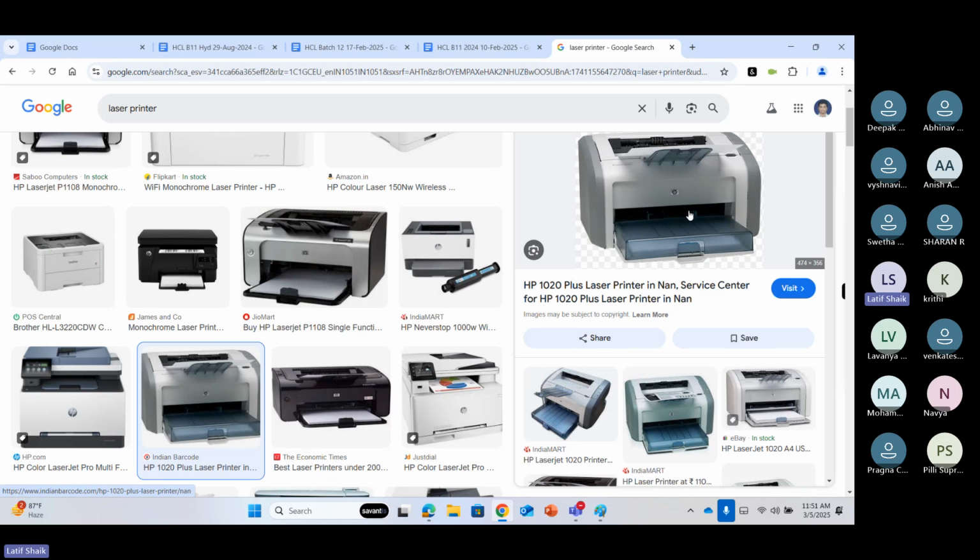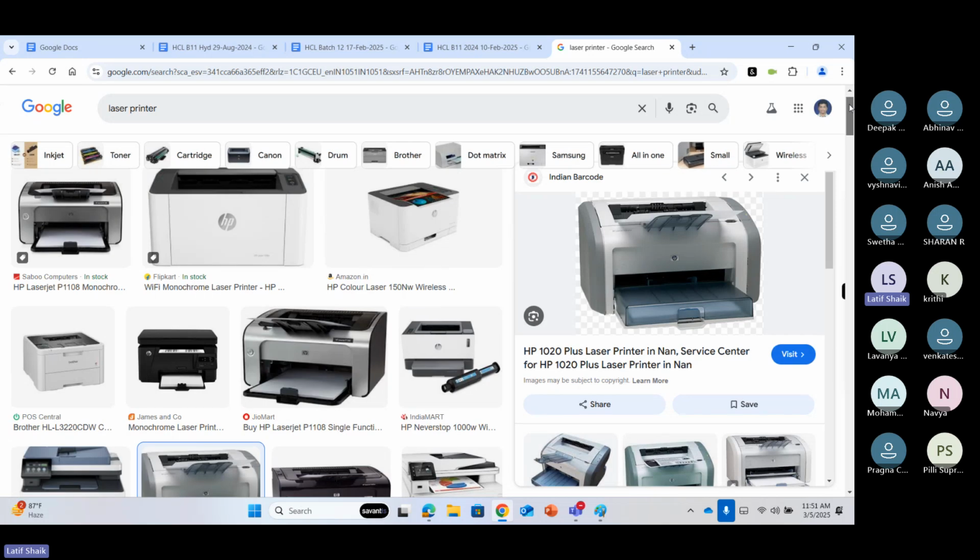For home, if you have more print work, you can purchase it, since monochrome printing suits home use. But it is mainly used in offices, organizations and shops.